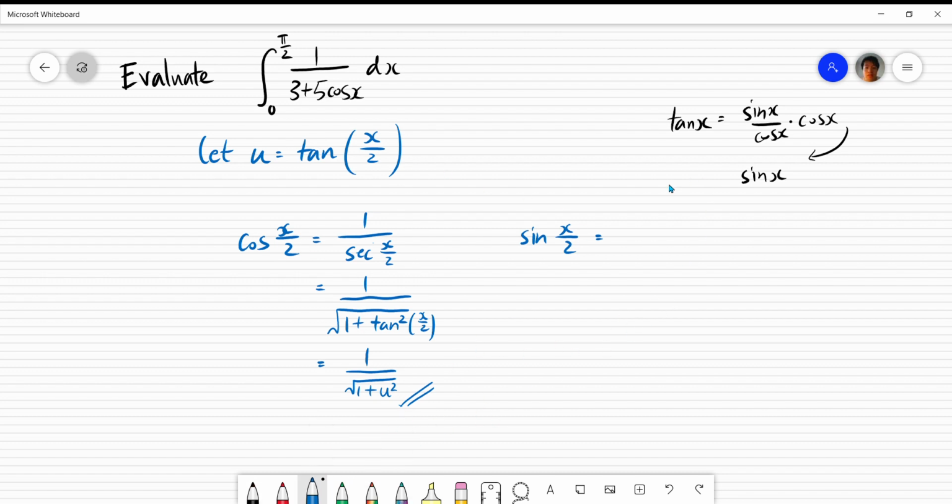So we have tangent of x over 2 over secant of x over 2. We know tangent of x over 2 is u, and secant of x over 2 is square root of 1 plus u squared. That is all pretty useful. Not that useful yet.